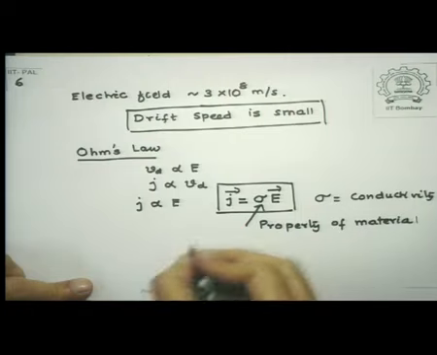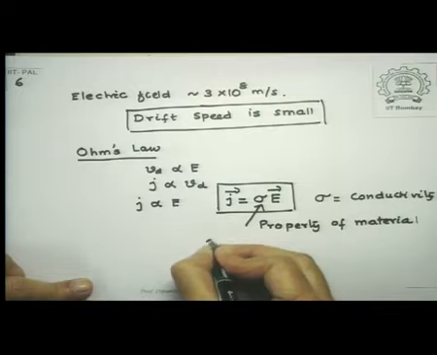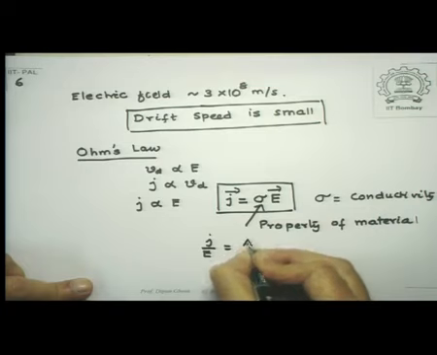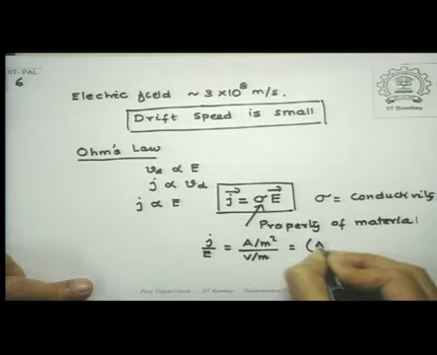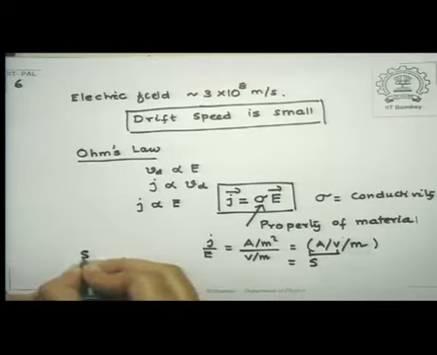Now you can see what the units of conductivity are. It is the unit of J by E, and J is in ampere per meter square divided by volt per meter. So it has this unit, ampere per volt meter. This quantity is called a Siemens.